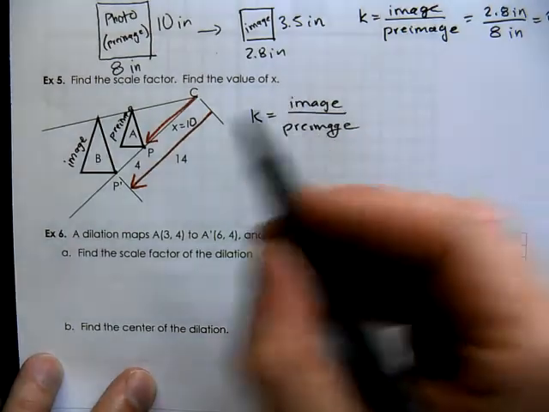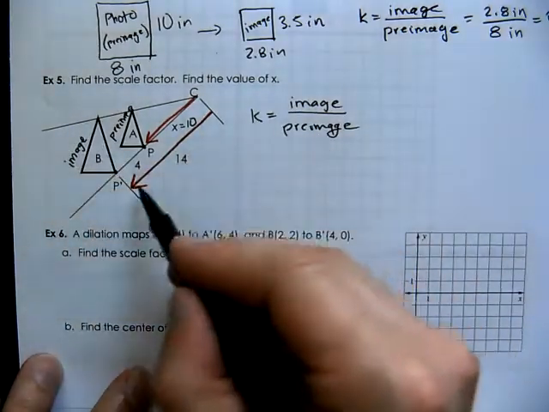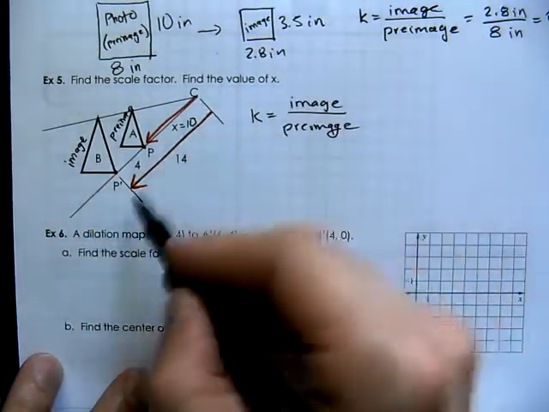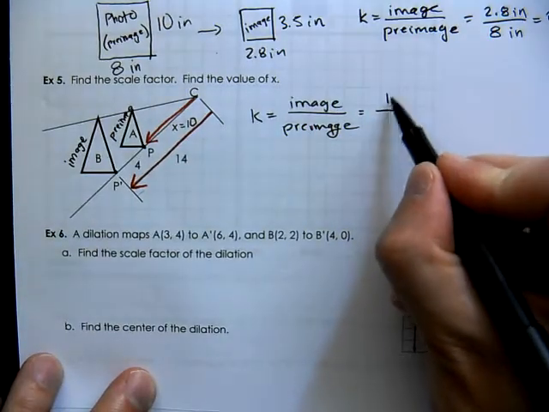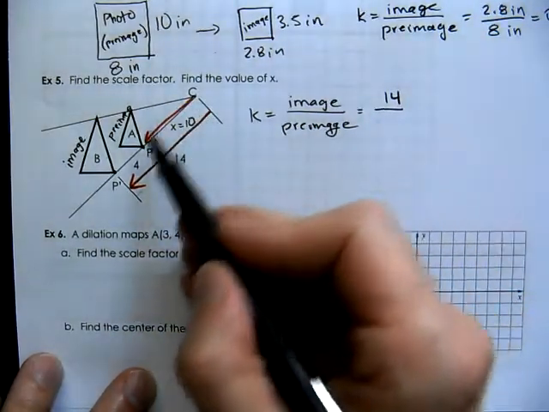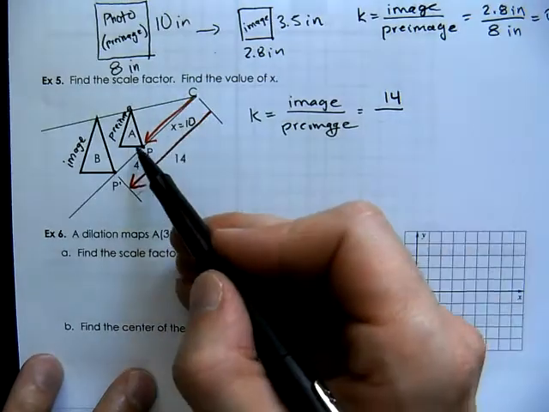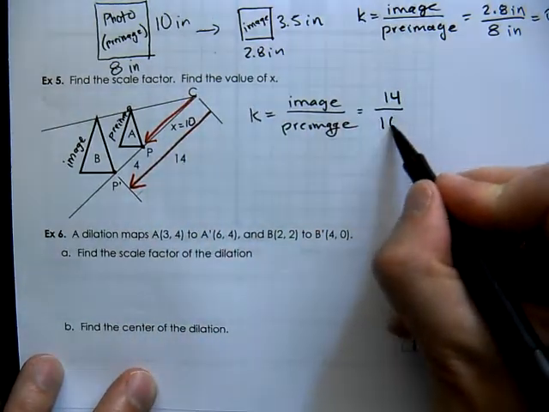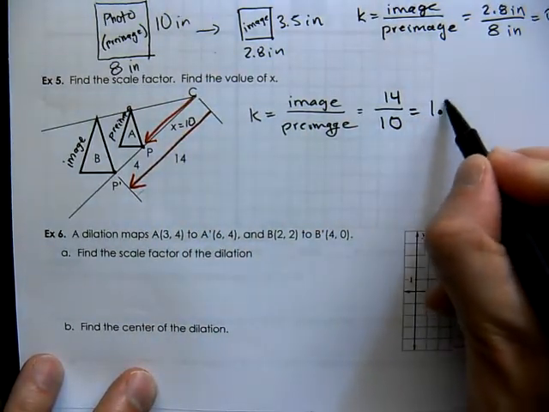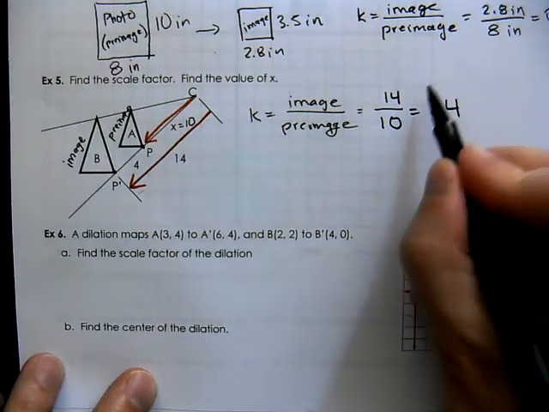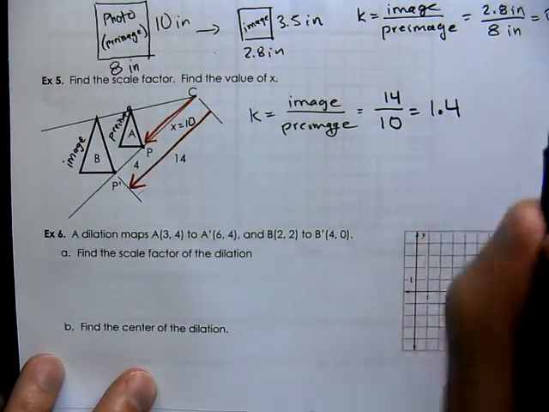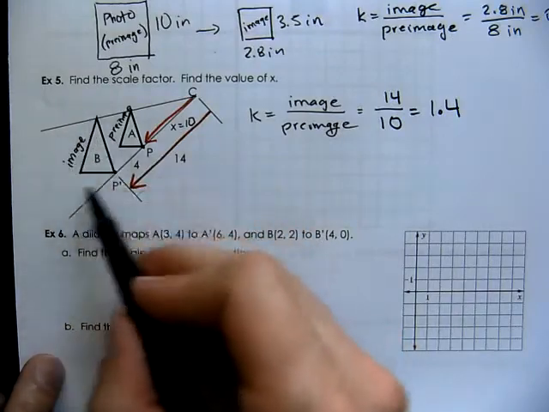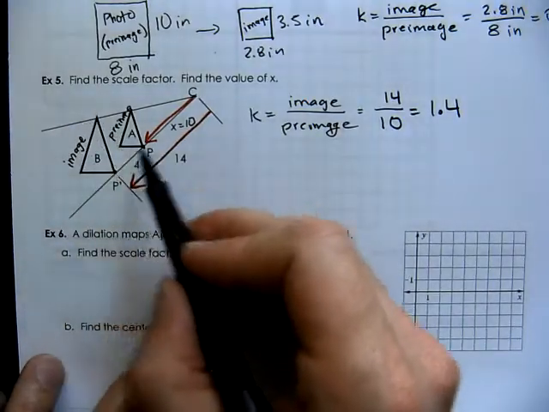We want the image, which has a length of 14 from the center of dilation, and we want the 10, which is the length of triangle A to the center of dilation. That's our ratio. That turns into 1.4. That is our scale factor, and we said it should be bigger than 1 because we saw that the image was bigger than the preimage.